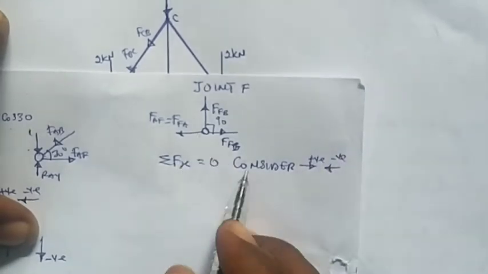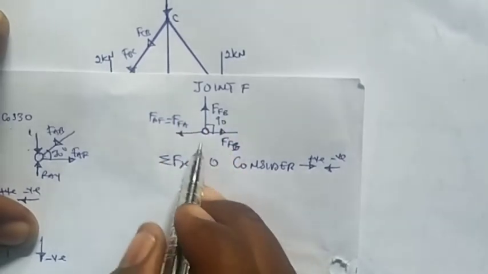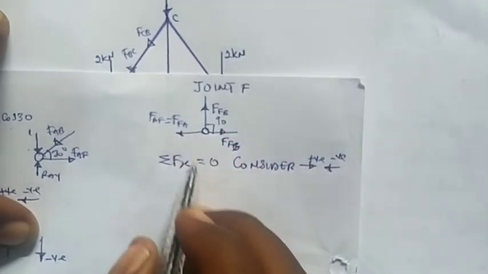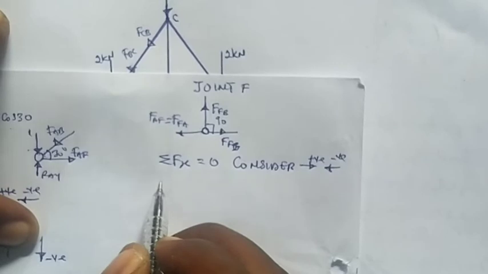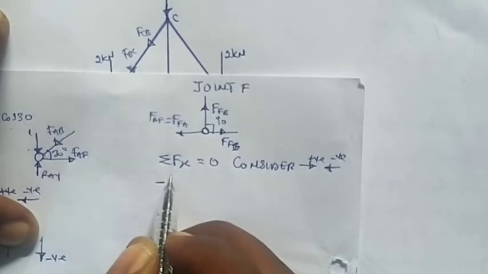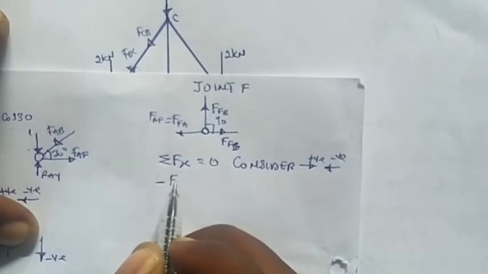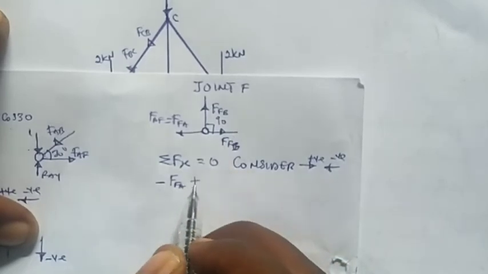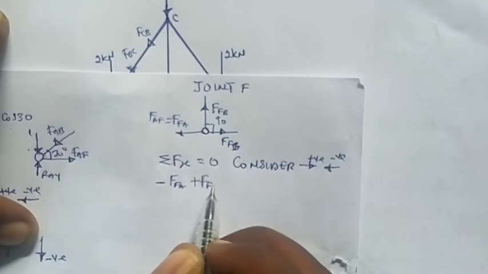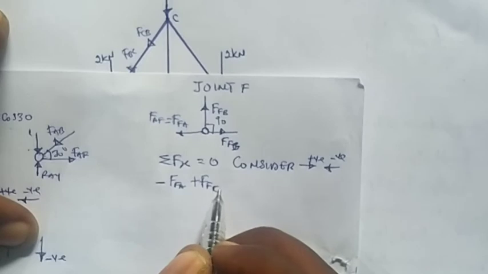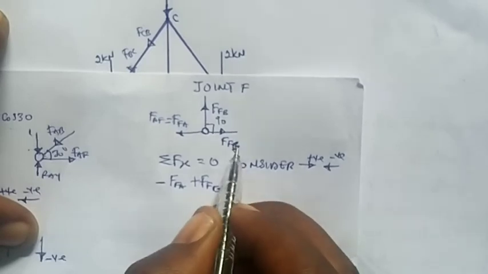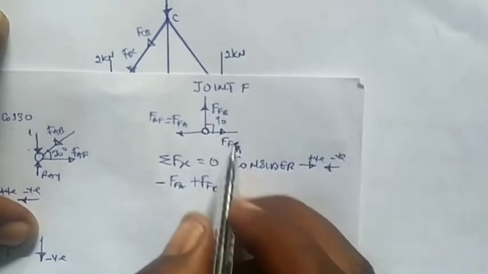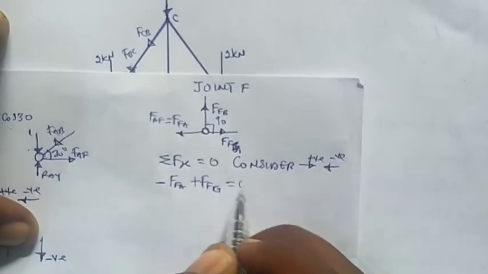At this point here, we have it going backward, so that will be negative FAF or FFA. Then this facing forward is plus FFG. That's the only force we have, equals 0.